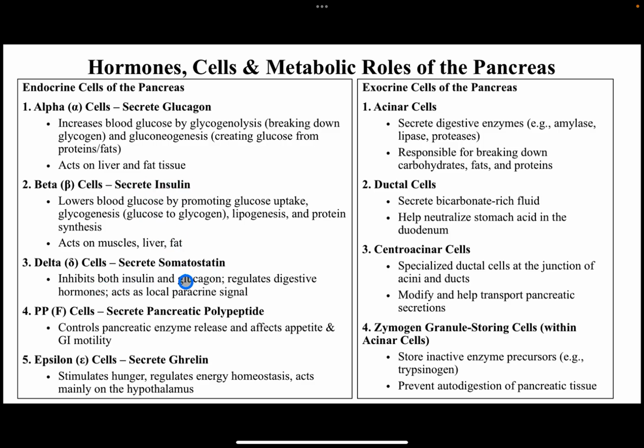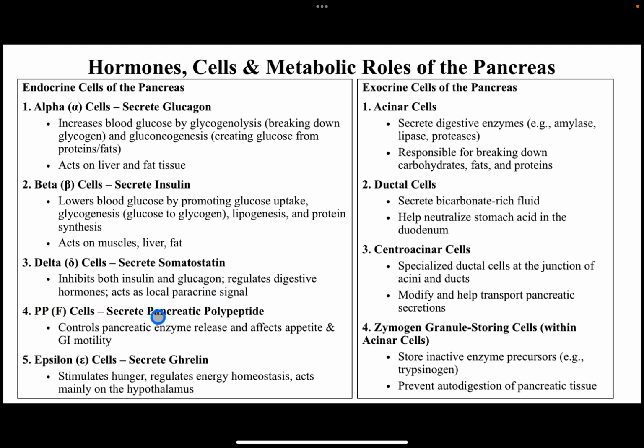So they actually regulate the hormones. Somatostatin also regulates the activities of the exocrine pancreas in terms of digestive enzyme release. Is that okay?